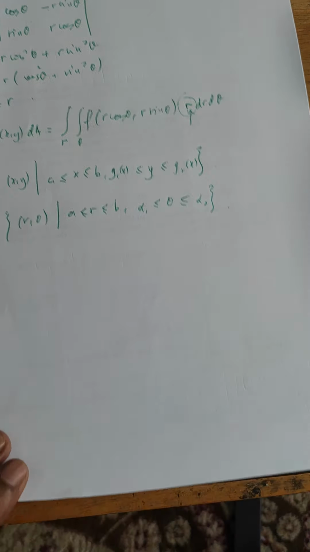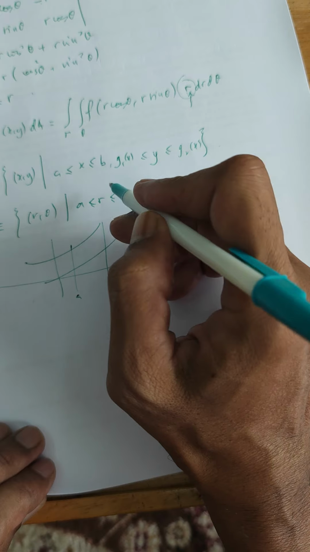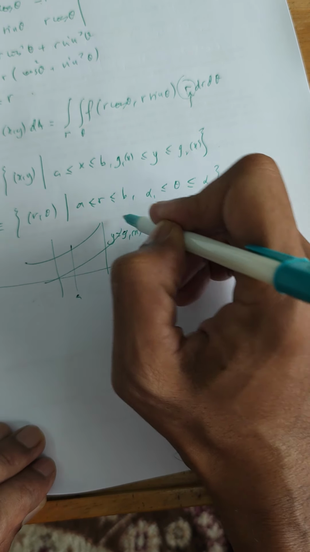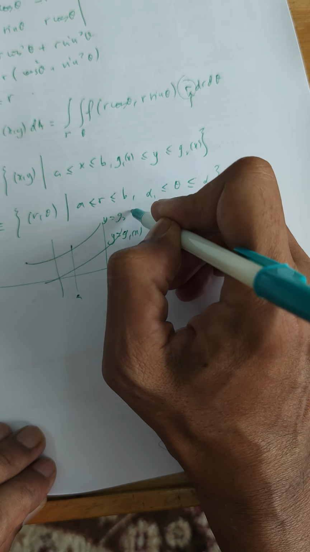So what happened here is that from this region, for example, A and B, this is y equal to g1(x), this is y equal to g2(x).